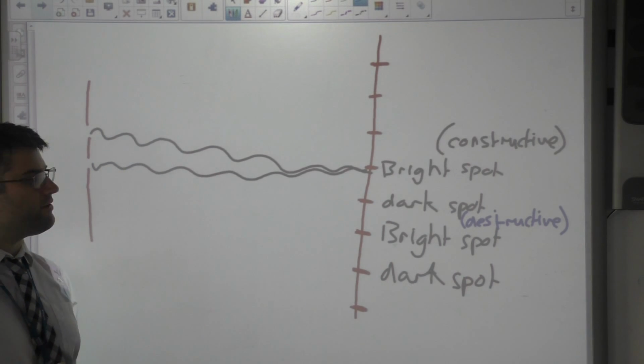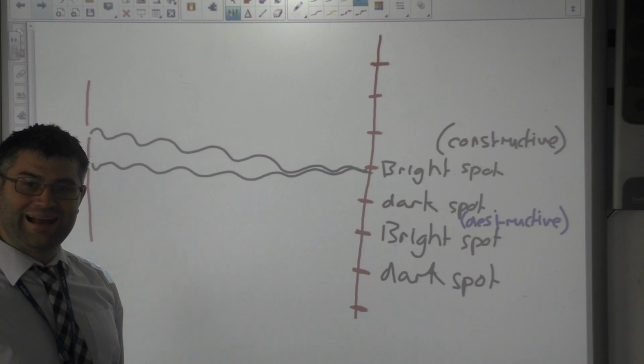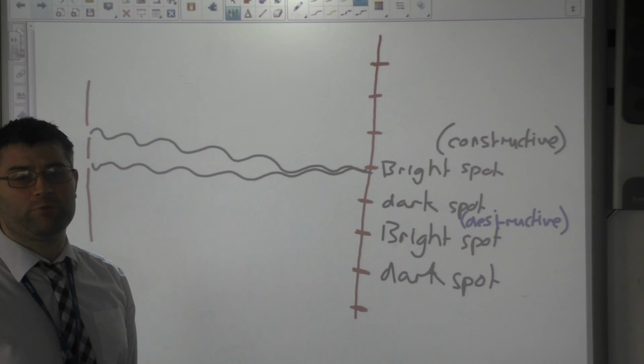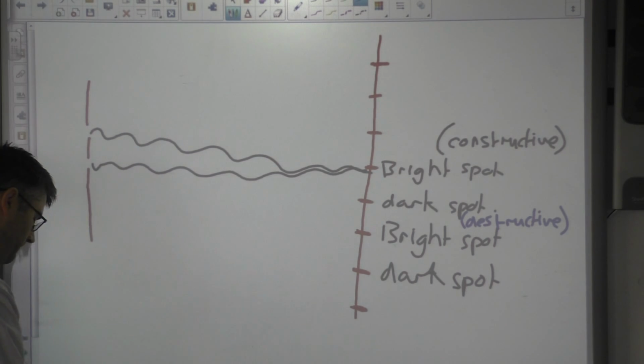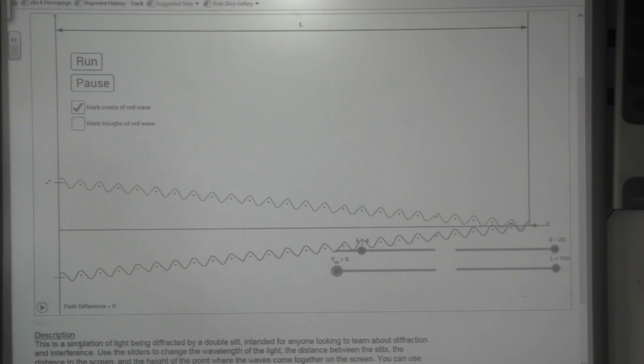And again, I'm going to show you another animation here that will help us to explain why we get light and dark spots, and we can put some numerical values to it as well. So here we have a basic representation of what's going on. We've got our two slits side by side from a coherent light source, so they're both being emitted at the same position.